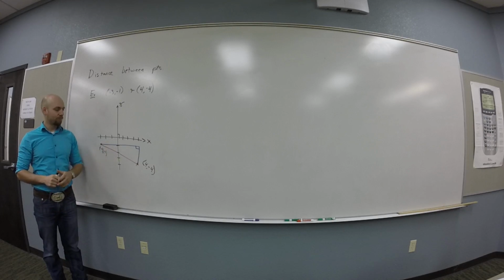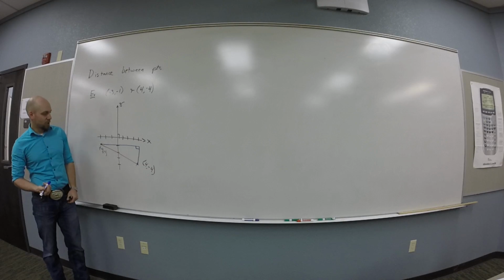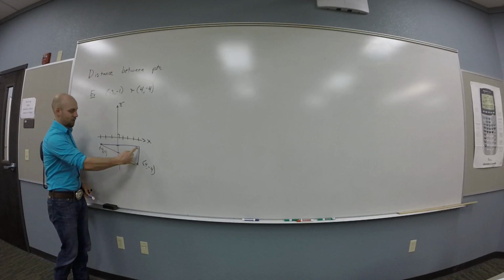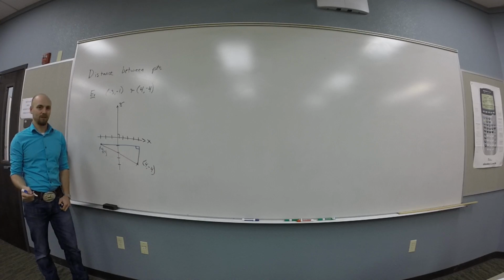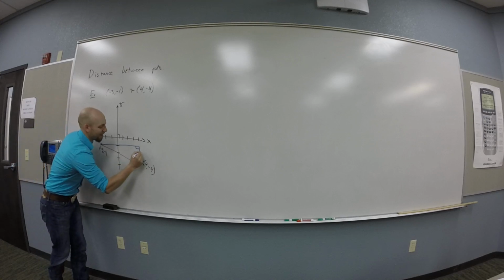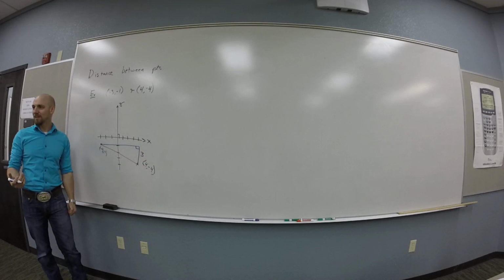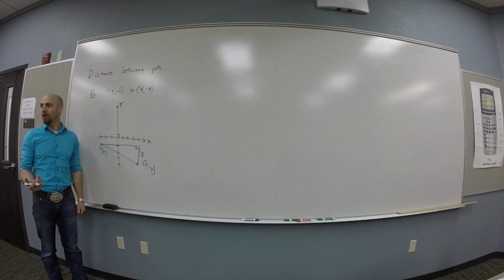Now I want to know how long these sides are. Okay, so can you count for me? How long is this side? 3. Yeah. So -3 actually almost makes sense there, right? Because it's going down 3 units.